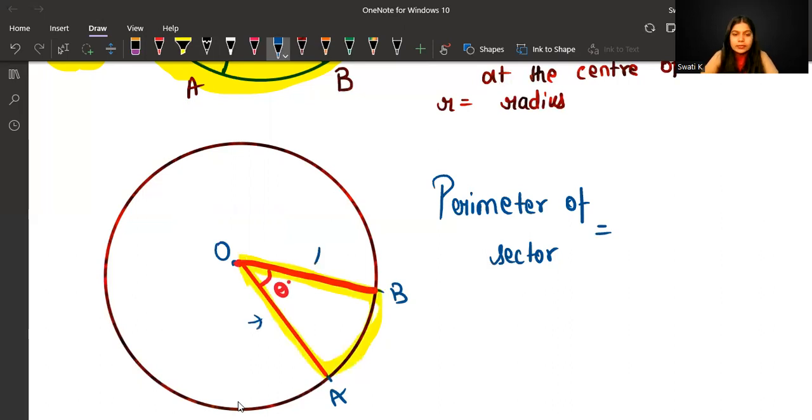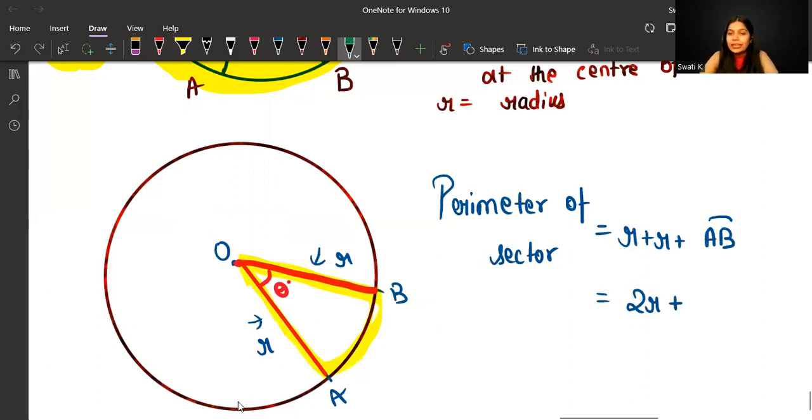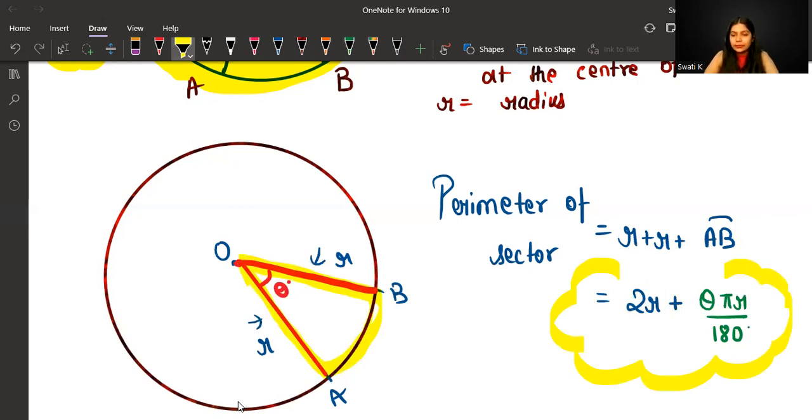This is R and this is also R. So it is going to be R plus R plus length of the arc AB, right? R plus R is 2R. What is length of the arc AB? We just found out the formula, and that is theta pi R over 180. And this is the formula to find out the perimeter of the sector.